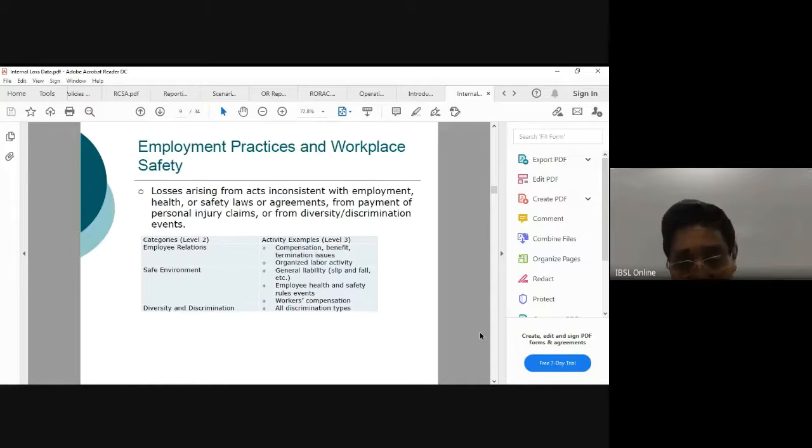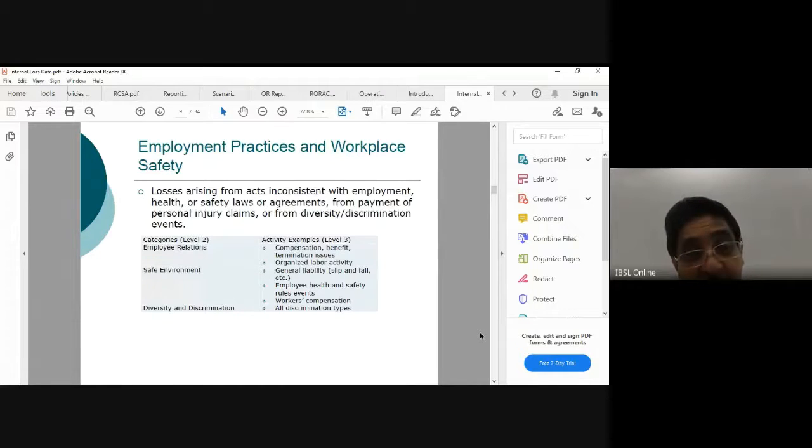Now, what do you mean by inconsistent? You need to follow some processes. You need to follow employment practices. If people are not following that, people are not following the health regulations, all these will put the institution into trouble.